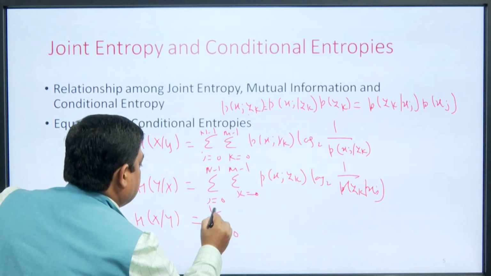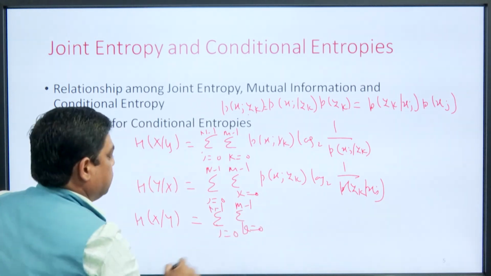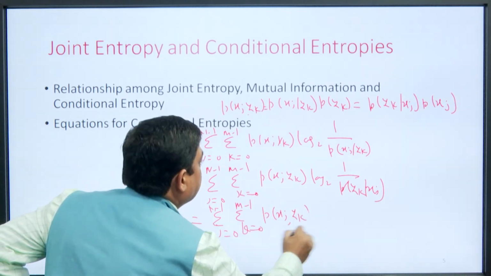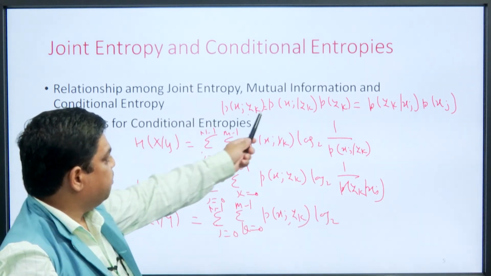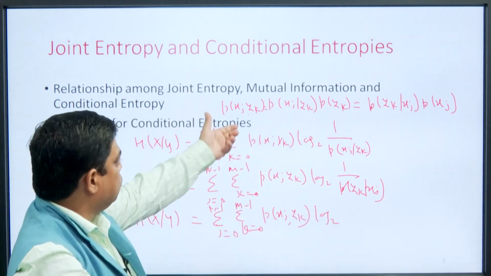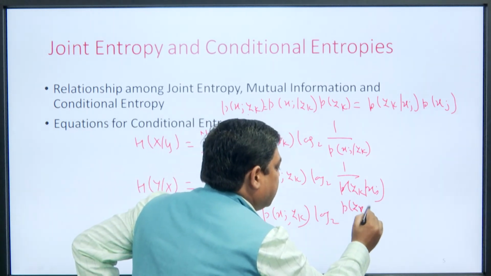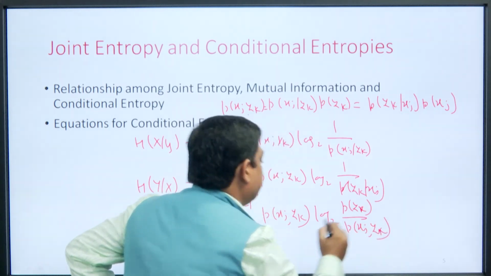In one case, first case, we can write summation j equal to 0 to n minus 1, k equal to 0 to m minus 1, p(x_j, y_k) log base 2 of p(x_j | y_k) equals joint probability divided by p(y_k), then p(y_k) will come in the numerator divided by p(x_j, y_k).